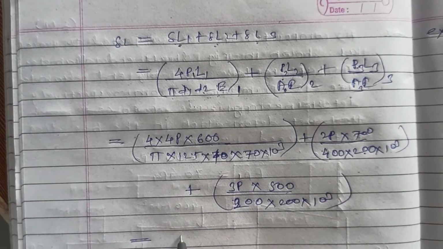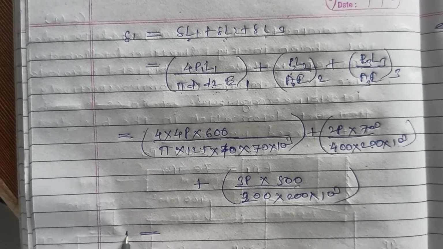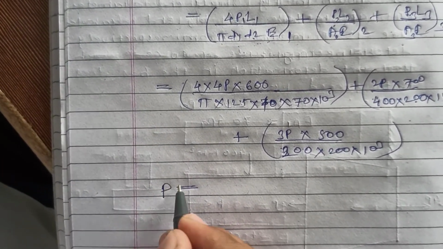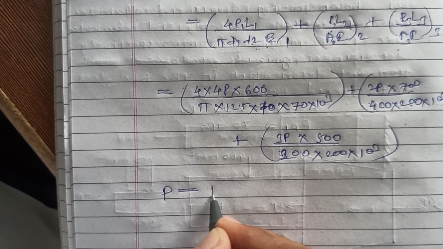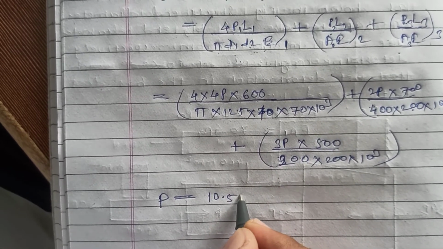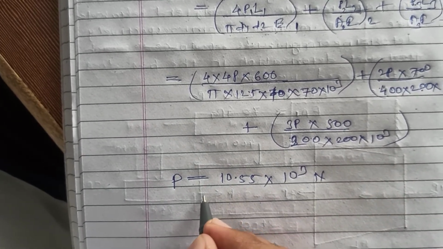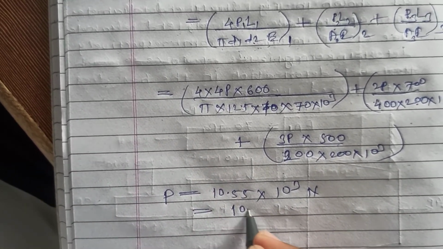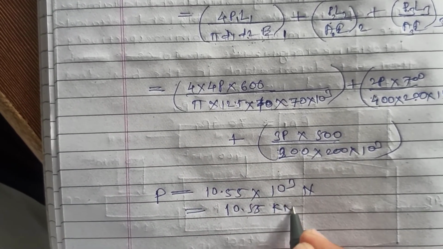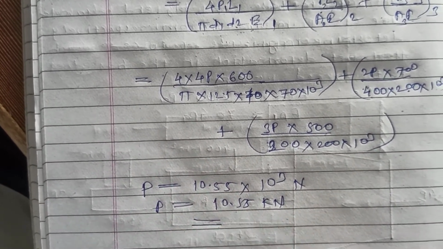After simplification, we will get the value of P as 10.55 into 10 raised to 3 Newton. That means 10.55 kilonewton. This is the final answer.